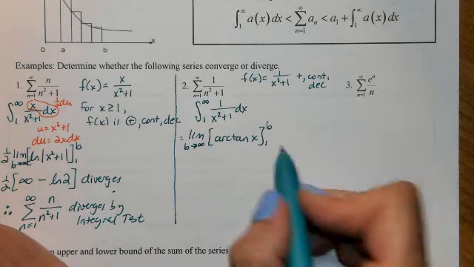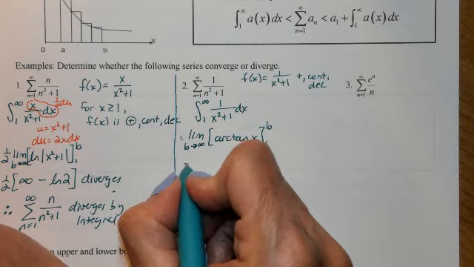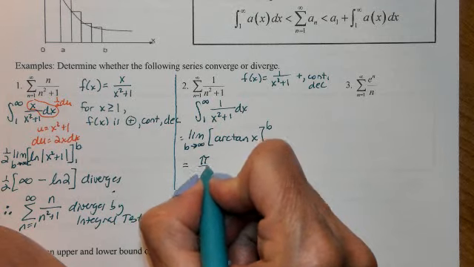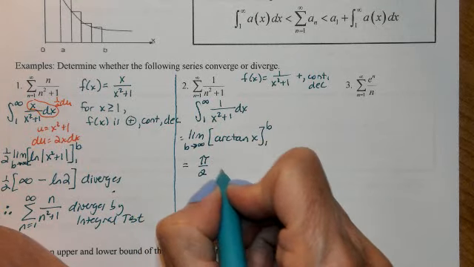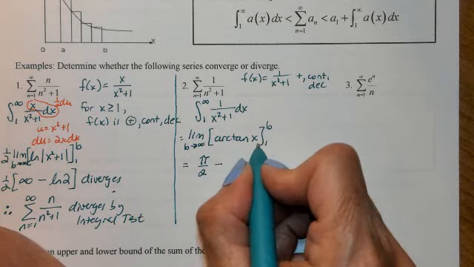Put b in for x, let b go to infinity. What is arctan of something going to infinity? That's pi over 2. Minus, put 1 in for x. Arctan of 1 is pi over 4. So this is just pi over 4. This converged.